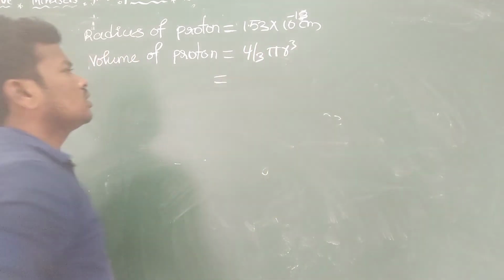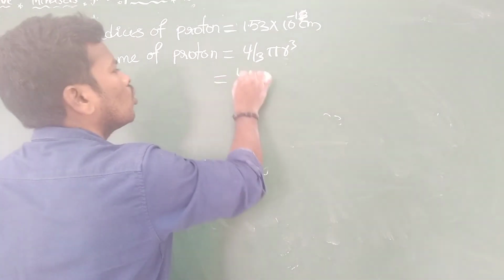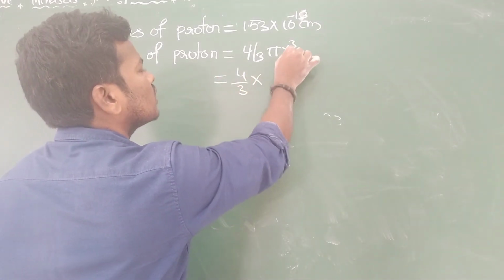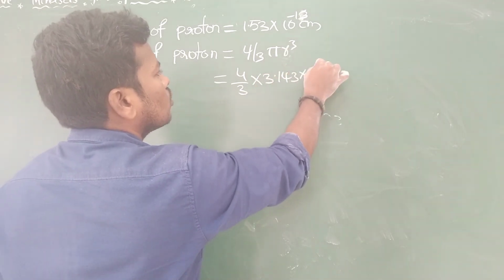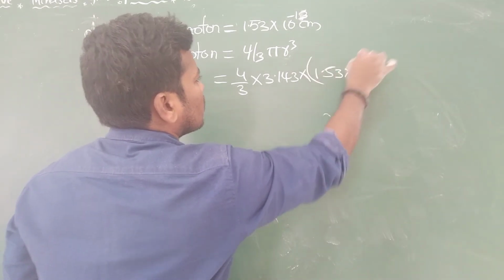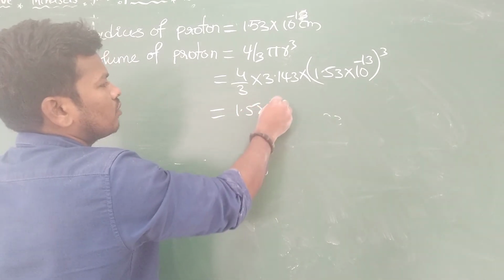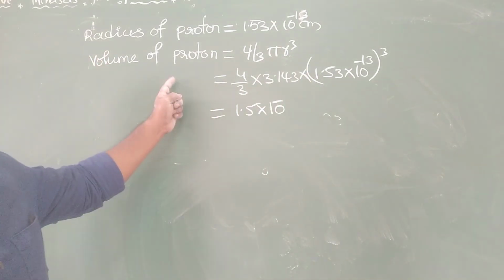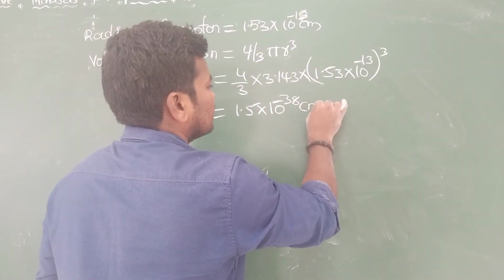Already we know the radius. So this is 4 by 3 into 3.143 into 1.53 into 10 to the power of minus 13 whole cube. If you do the simplification, you will get approximately 1.5 into 10 to the power of minus 38 centimeter cube.